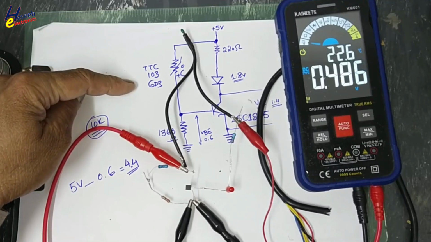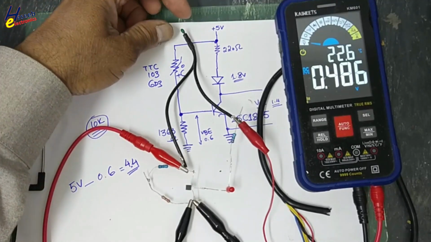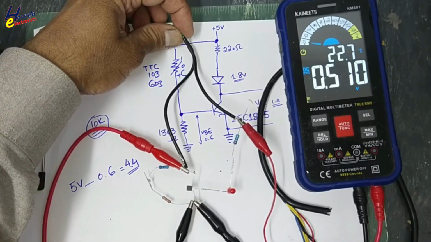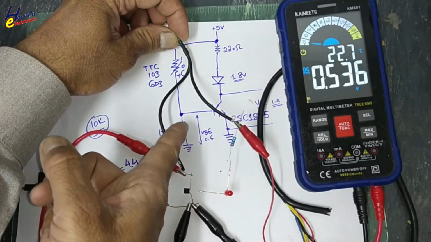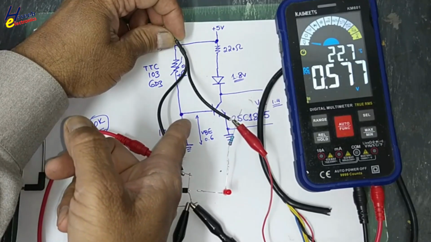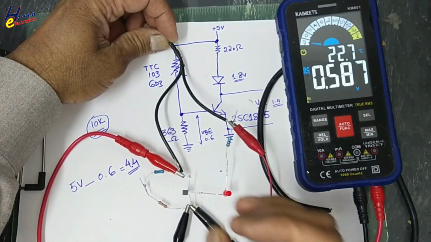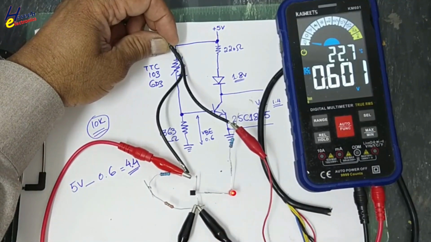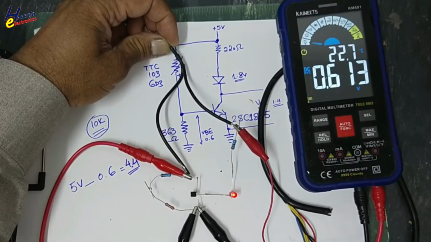it is 9.7K. Now if I will touch it, its resistance will decrease. When resistance will decrease, at this point the voltage level will increase. The LED is now turning on. Now the LED is becoming bright.